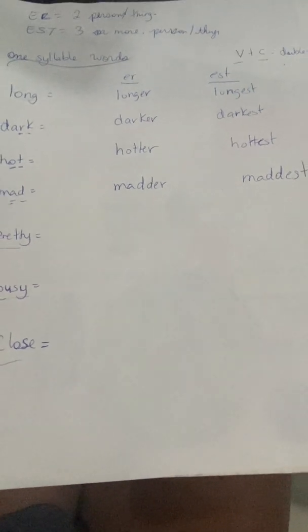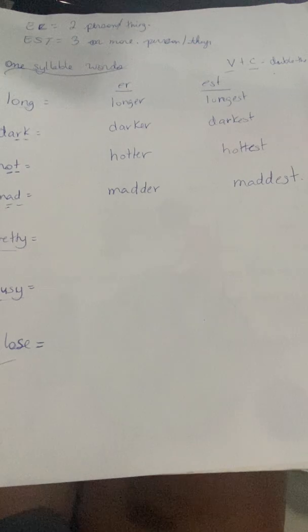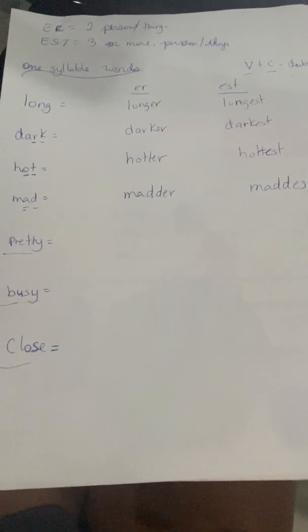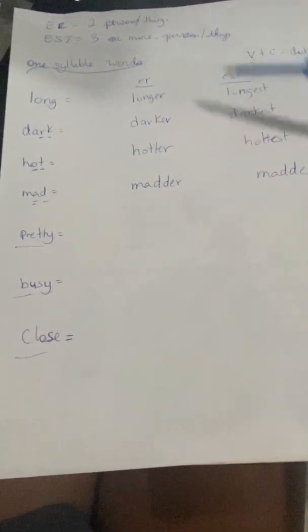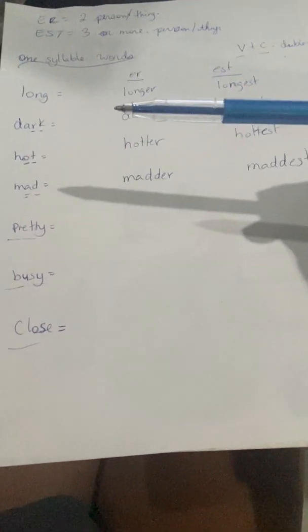Complex means that it's very complicated. So whenever we're teaching rules, we always try to share with you some of the exceptions. So we're going to be focusing on changing these words using ER, EST, and following the rules.